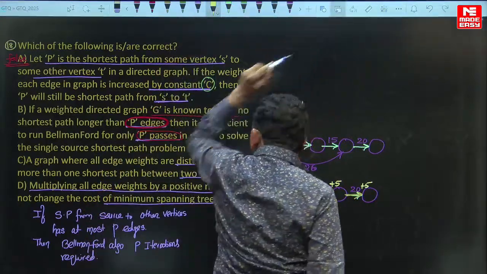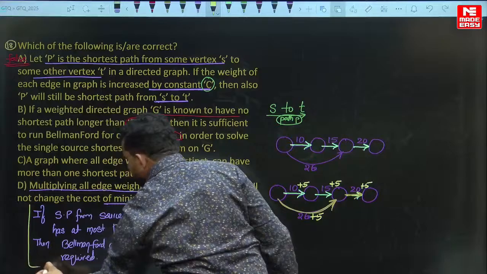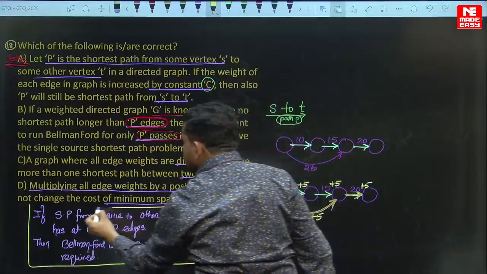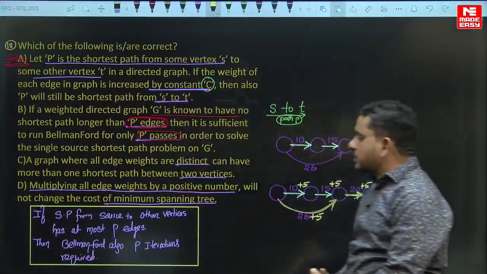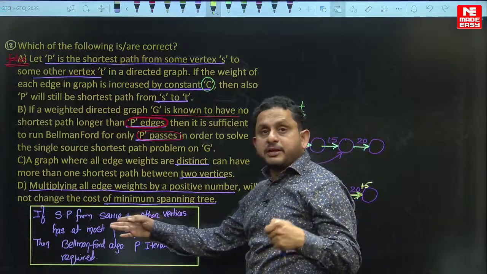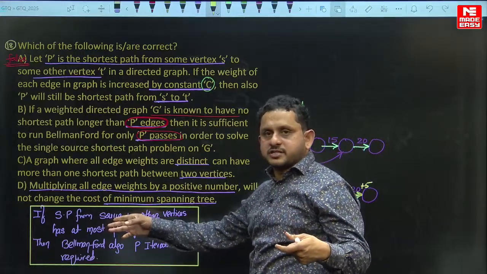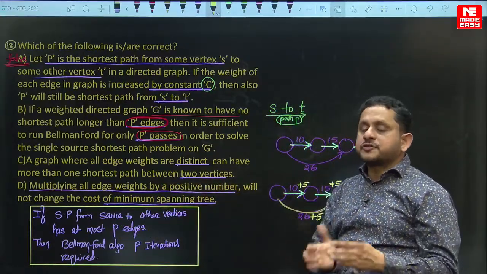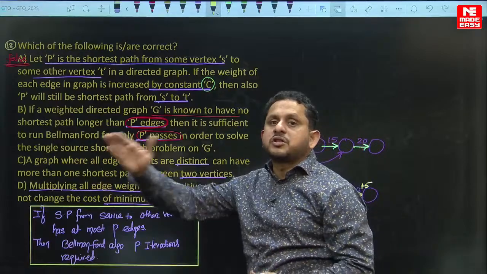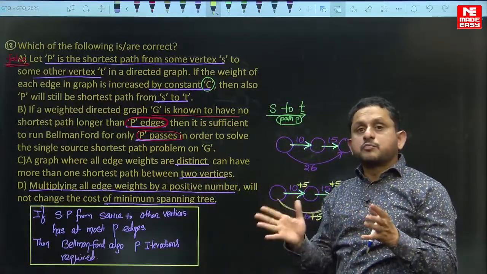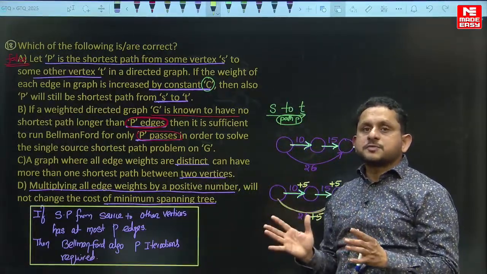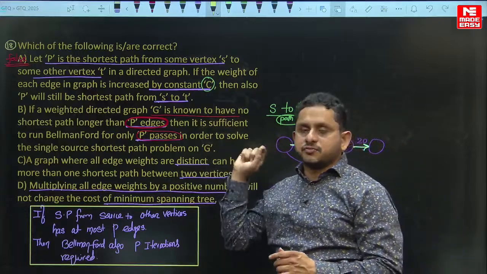That's the reason that in the Bellman-Ford algorithm for single source shortest path, we generally repeat n minus 1 iterations, because for any graph a shortest path does not exceed n minus 1 edges. So at most the shortest path can consist of n minus 1 edges.